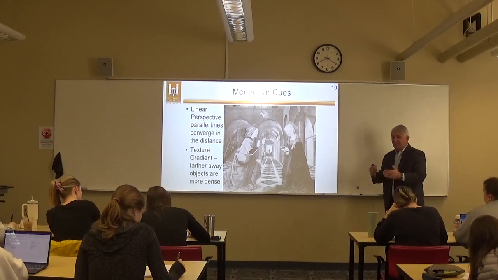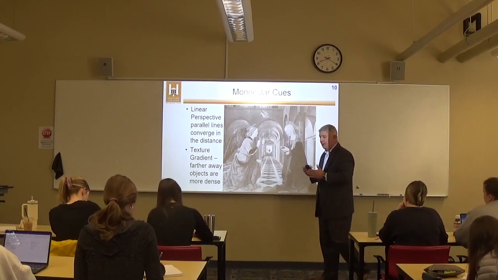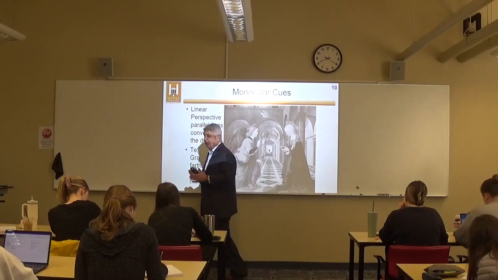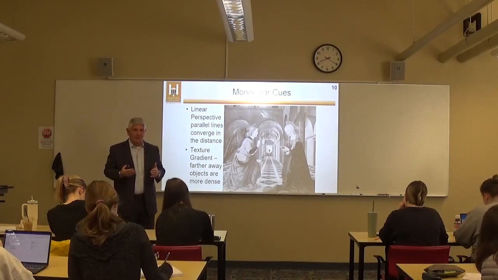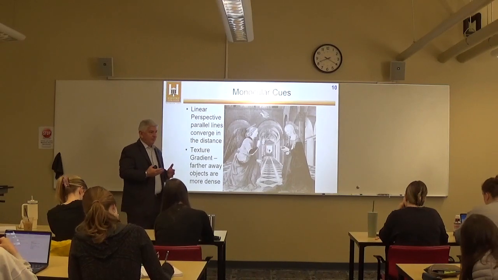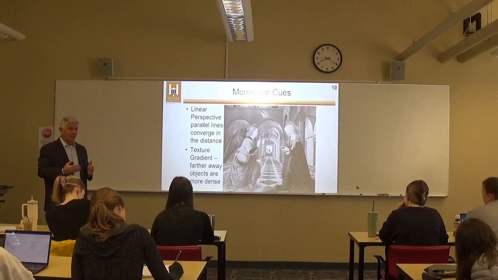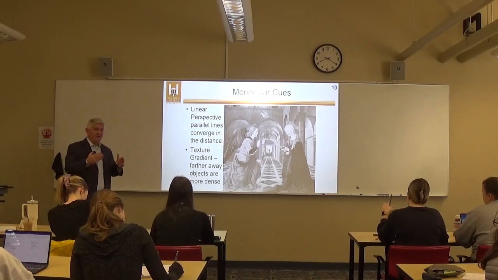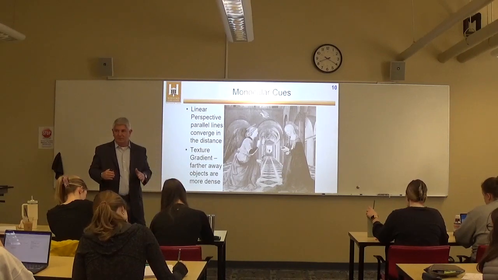All of these things are cues that have to agree with one another in order for us to perceive this as a well-done picture, right? Why did the pictures that my kids drew in kindergarten not look like this? Because they didn't understand linear perspective and texture gradient and all of those cues. Occlusion.